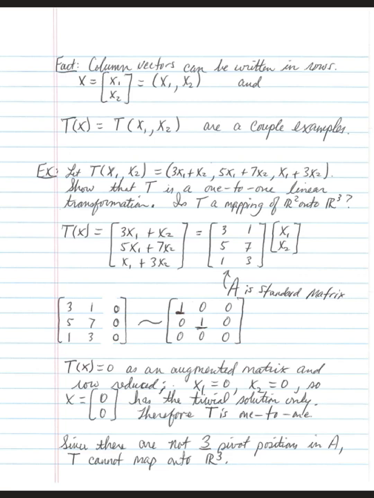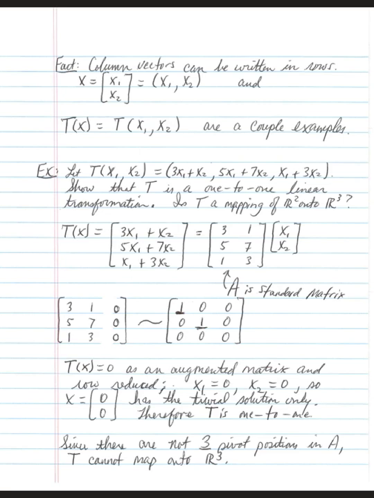Okay, so let's look at the transformation of X. 3x1 plus x2, 5x1 plus 7x2, x1 plus 3x2. Take the coefficients and make that your standard matrix, A. And then here's our arbitrary vector X.